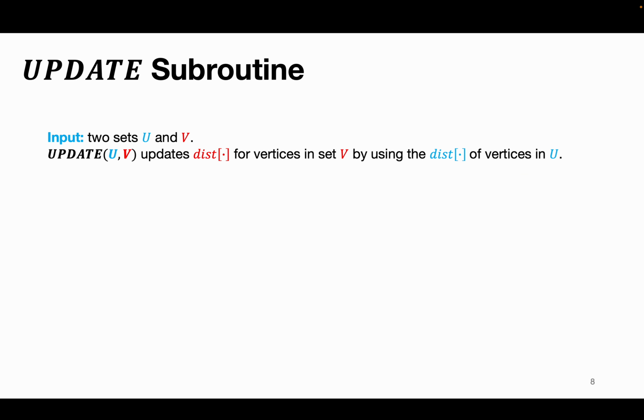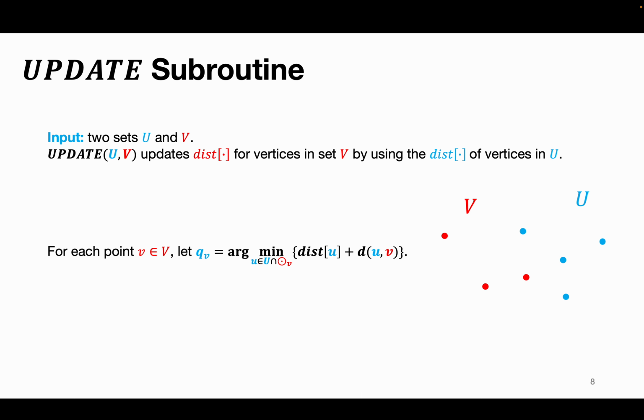Before I enter the WX algorithm, let me introduce an important subroutine called update. For two sets U and V, the update subroutine will update the dist values for vertices in set V by using the dist values of vertices in set U. In this example, for each red point V, we need to find the blue point QV, from all the blue points lying in the unit disk centered at point V, such that this formula, dist U plus the distance between U and V, is minimized.